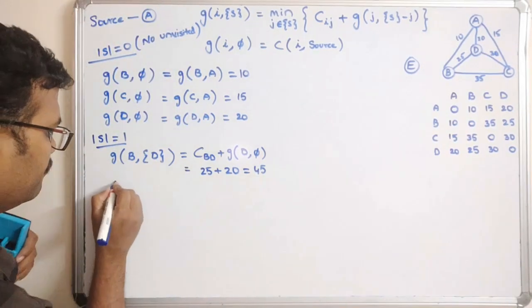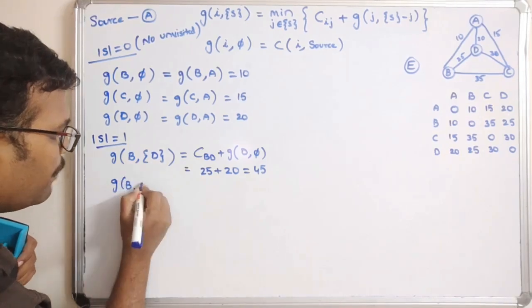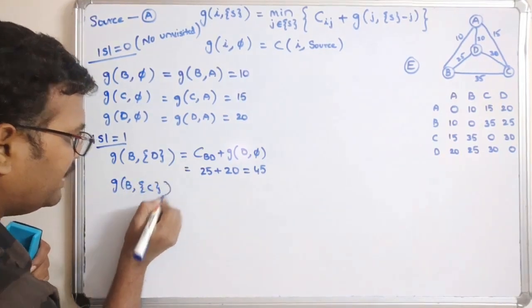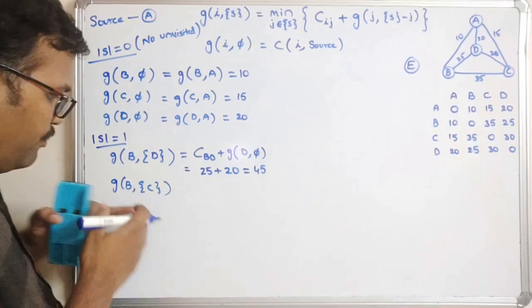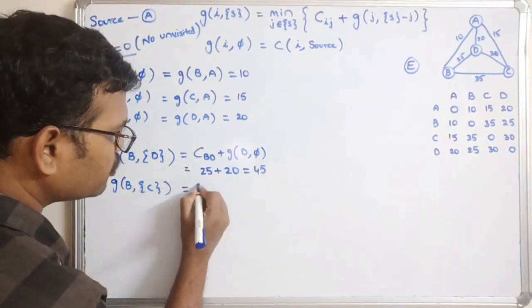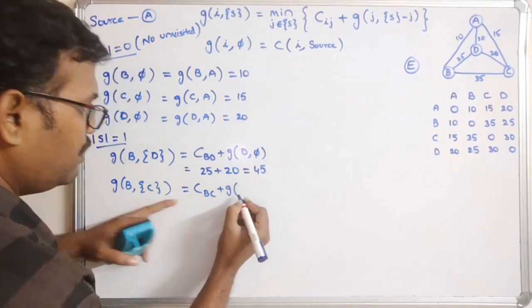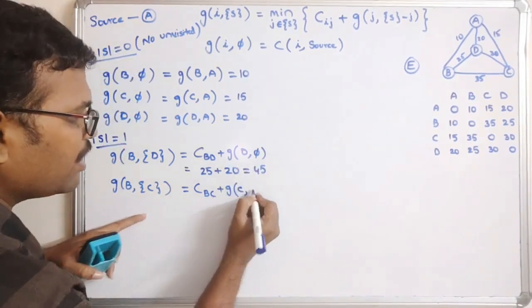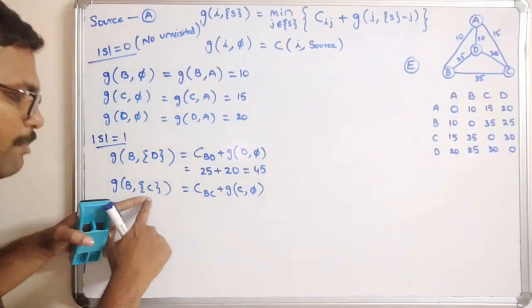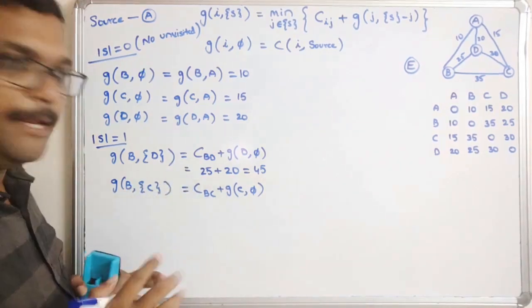Now again another possibility. So there can be an edge from B to C. So this can also be written as BC plus G of C comma set minus C. Obviously it will be phi.